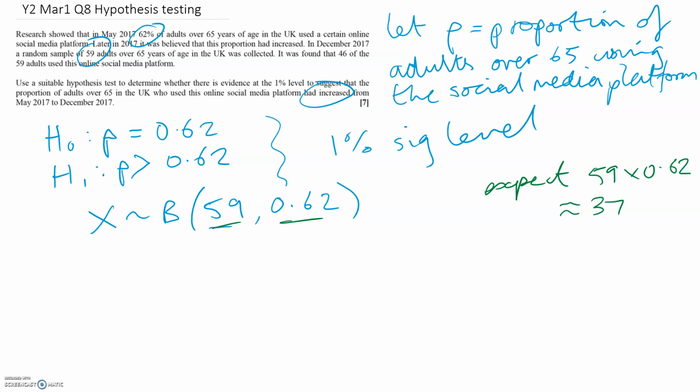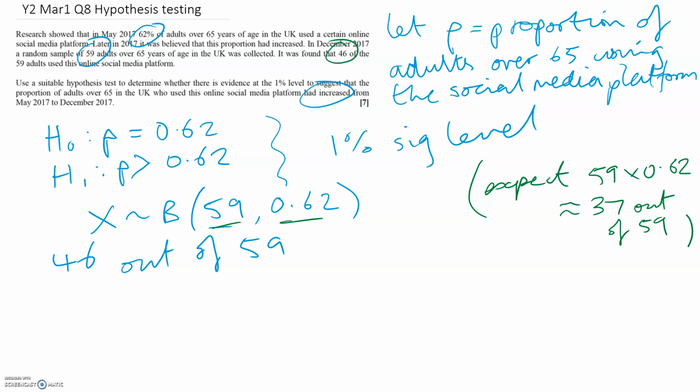So you would expect 37 people out of 59 to be using the social media platform, whereas we've got a total of 46 actually. So that is surprisingly high. 46 out of 59 is higher than you would expect. You'd expect it to be roughly 37 people out of 59 using the social media platform.